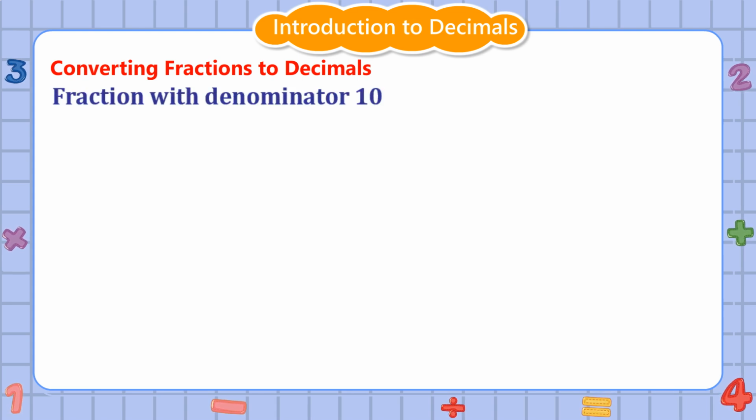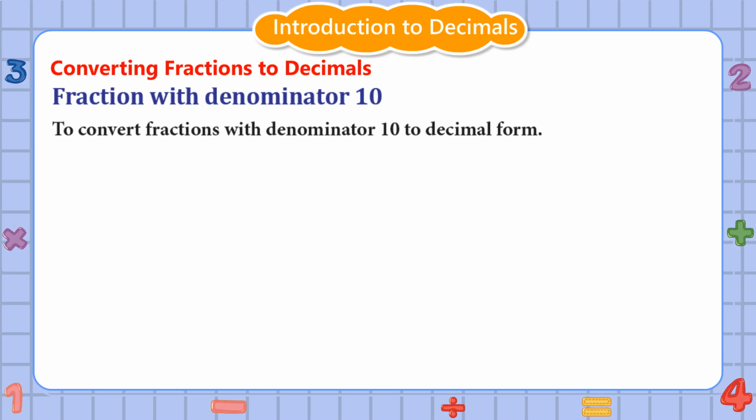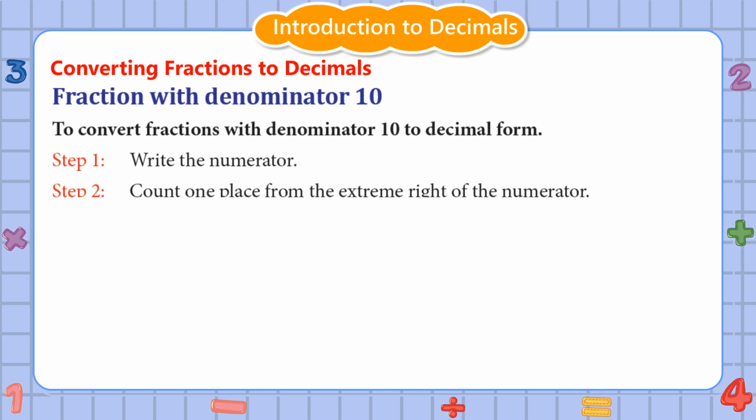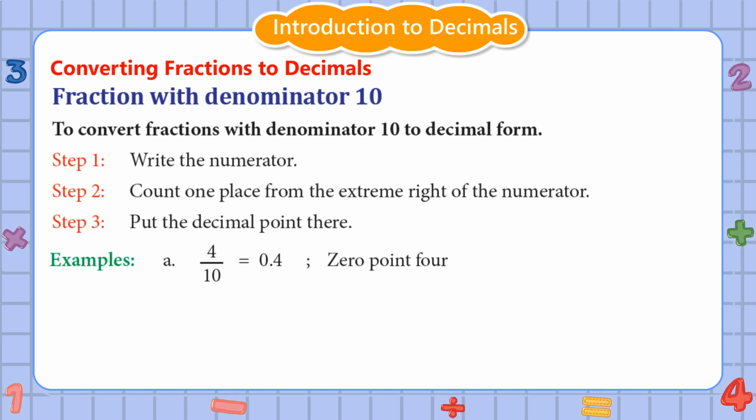Converting fractions to decimals. Fraction with denominator 10. To convert fractions with denominator 10 to decimal form: Step 1. Write the numerator. Step 2. Count one place from the extreme right of the numerator. Step 3. Put the decimal point there. Examples.